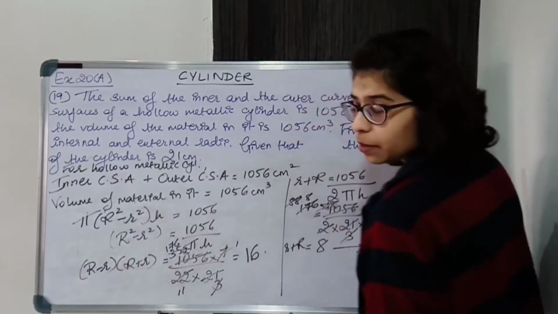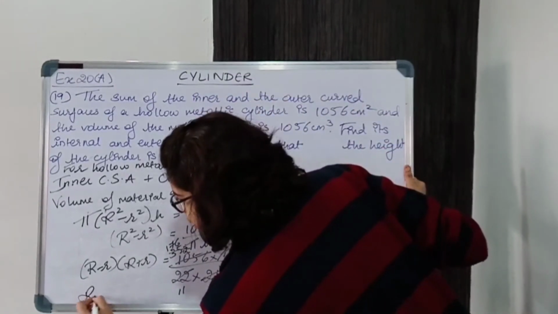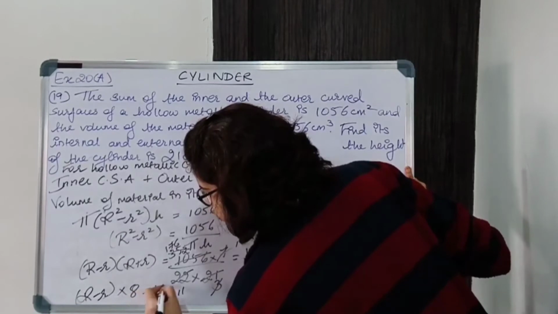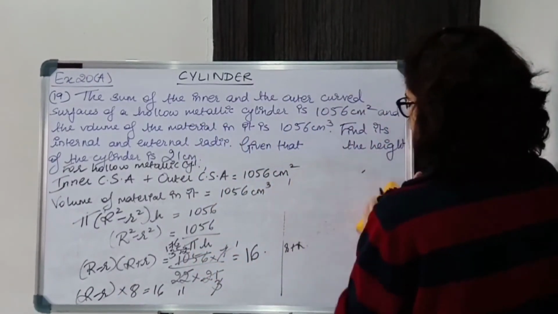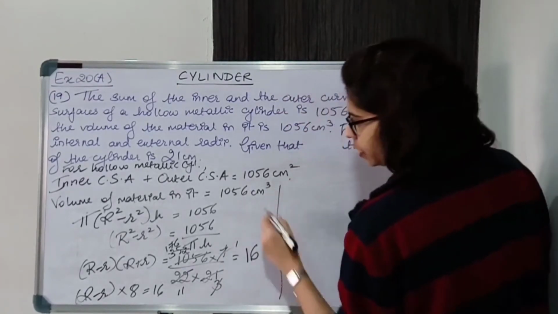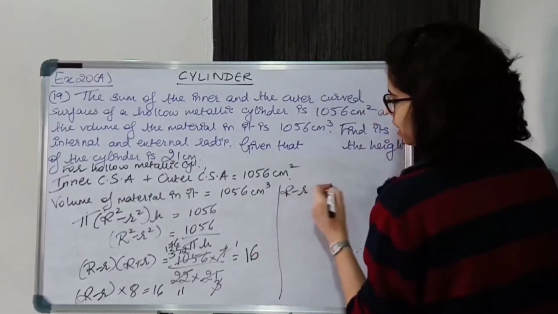Now we know R plus r. So I'll substitute 8 over there. Okay. R minus r into 8 is equal to 16. I'll take 8 on the other side. So if you shift this 8, R minus r is equal to 16 upon 8.